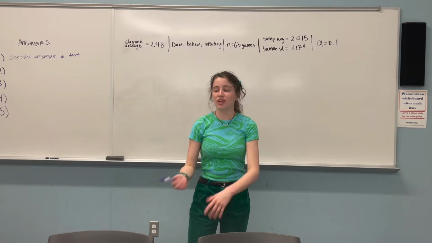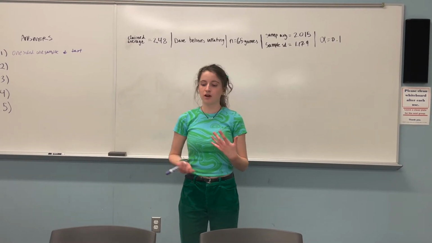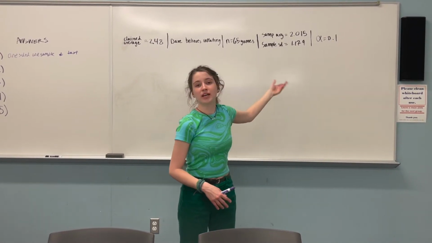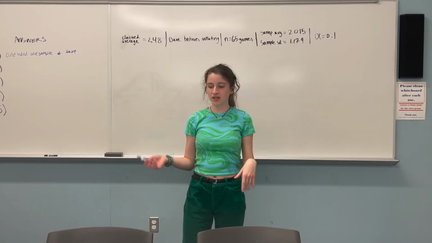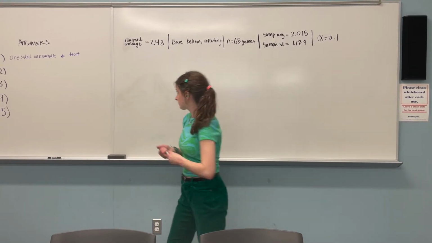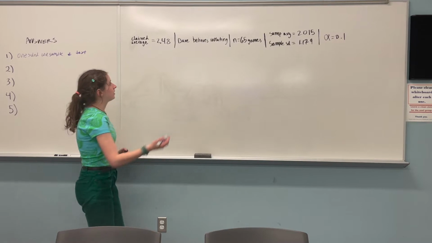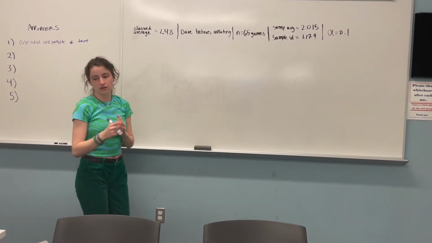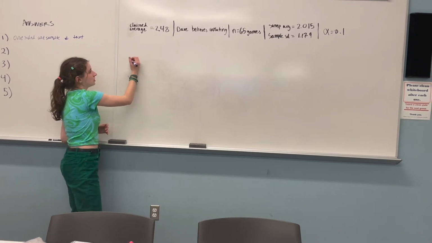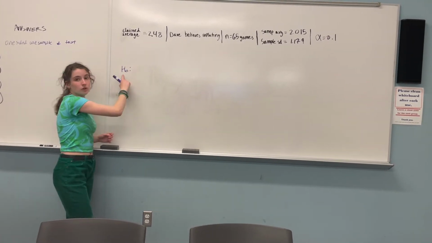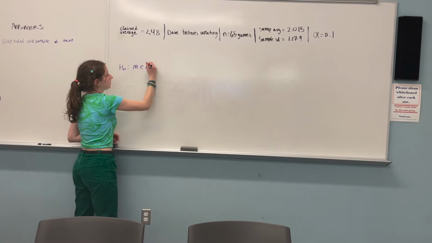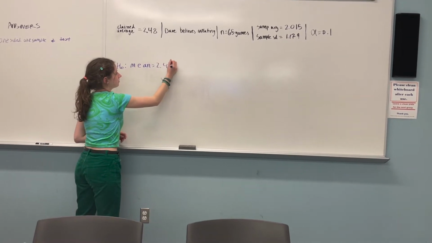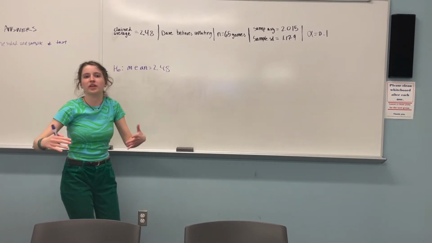The original claim, we can't disprove it because our sample didn't end up producing any significant results. So null is like no change. And the original claim is that the average is 2.48. So we just say it's denoted by H0, null, mean equals 2.48, right? Because nothing really happened here.